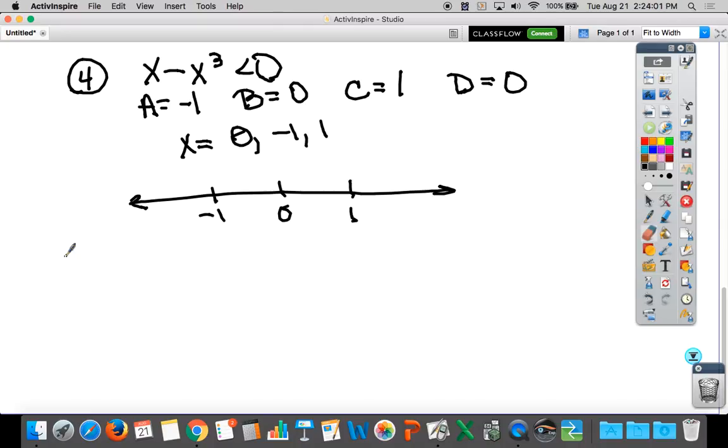So tell me what you got as your signs. All right, positive, negative, positive, negative.